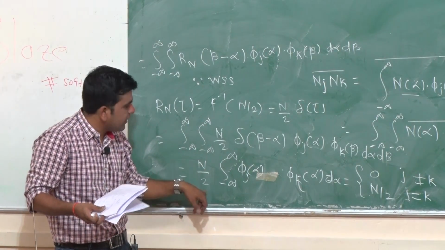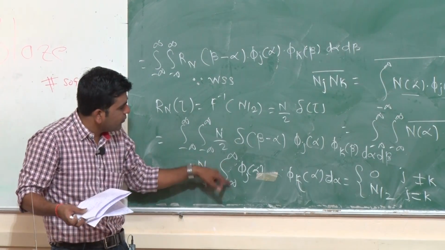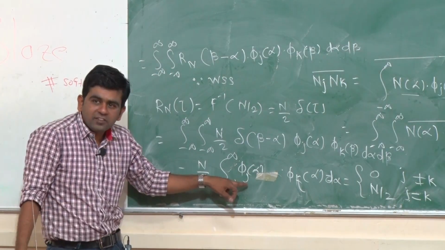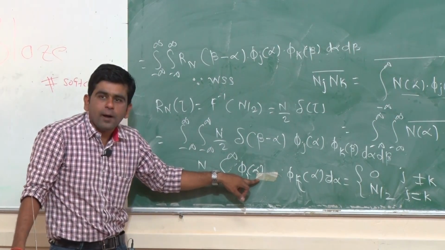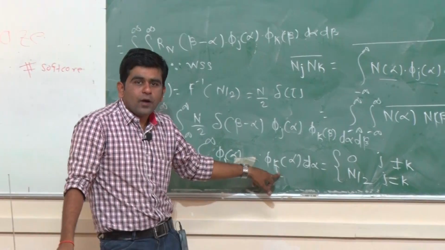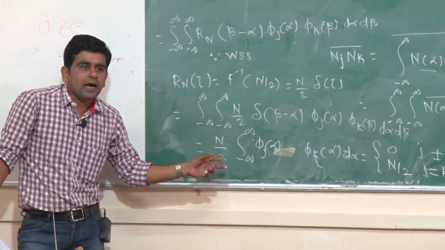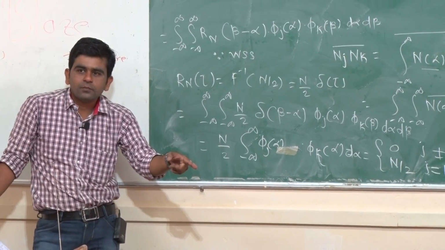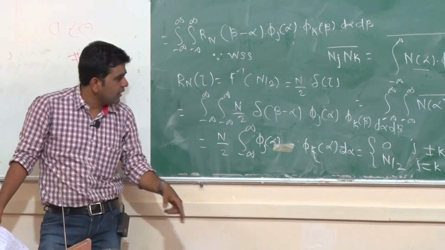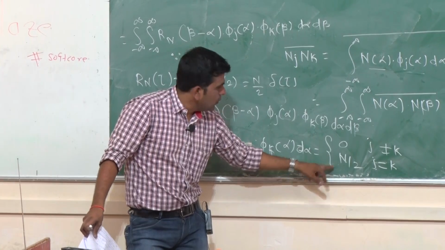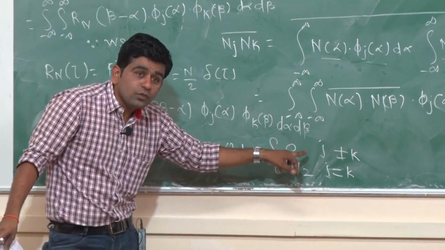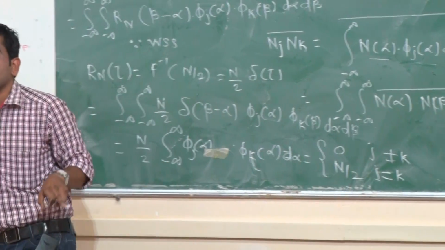It can be represented as N by 2 integration over minus infinity to infinity of basis function phi j of alpha into phi k of alpha, when we take alpha and beta at the same instant, d alpha. We will get this value equal to 0 when j is not equal to k.